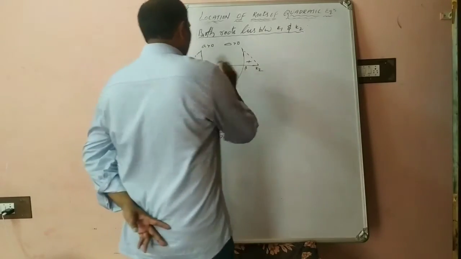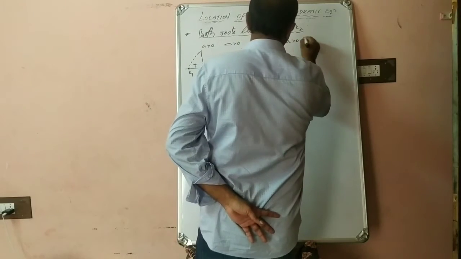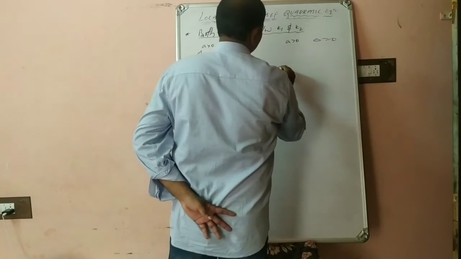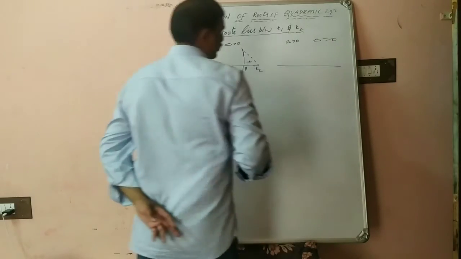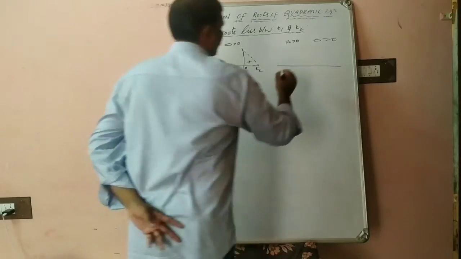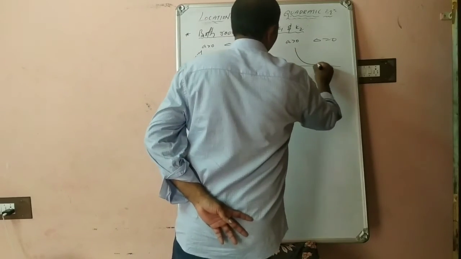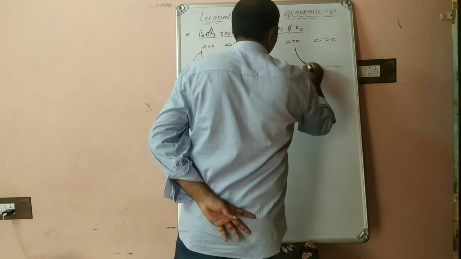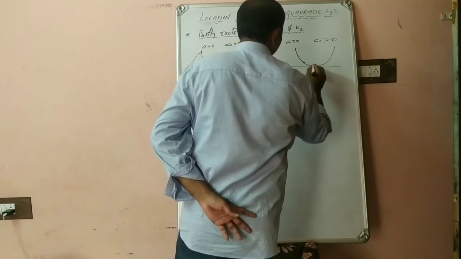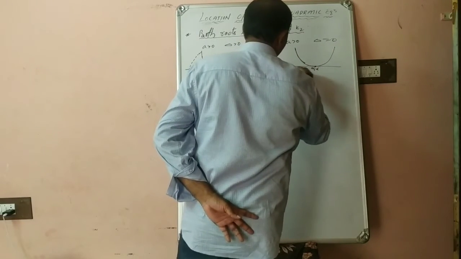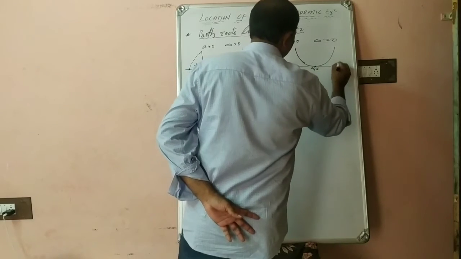Now, both the roots lie between k1 and k2, so you can check even delta equal to 0 also. When delta is equal to 0, both the roots are the same, so the upward parabola will touch the x-axis at a single point. These are the two roots, same. This is k1 and this is k2.